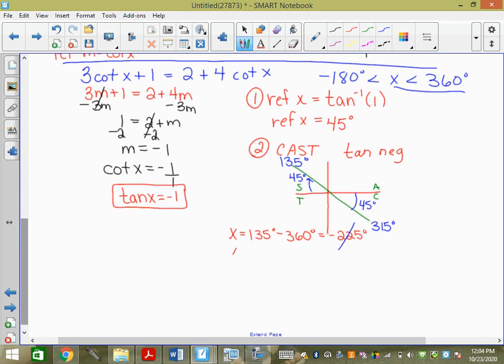And then my other one, x equals 315 minus 360, and it's -45. Does that one fit? Yeah, 0 to -180, -45 fits. So x equals -45, 135, and 315.